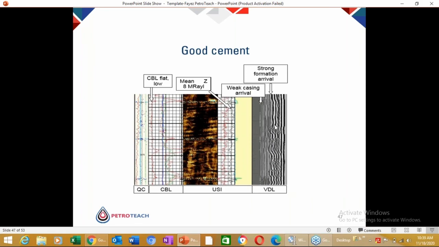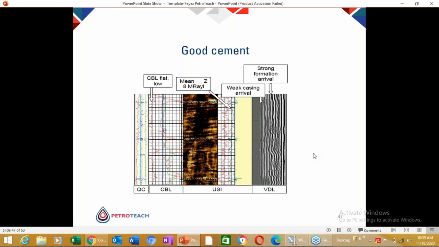Good cement, as we mentioned, shows dark on the USI, good on the CBL, and good on the VDL. So before perforation, the bond between the casing, cement and formation should be considered.